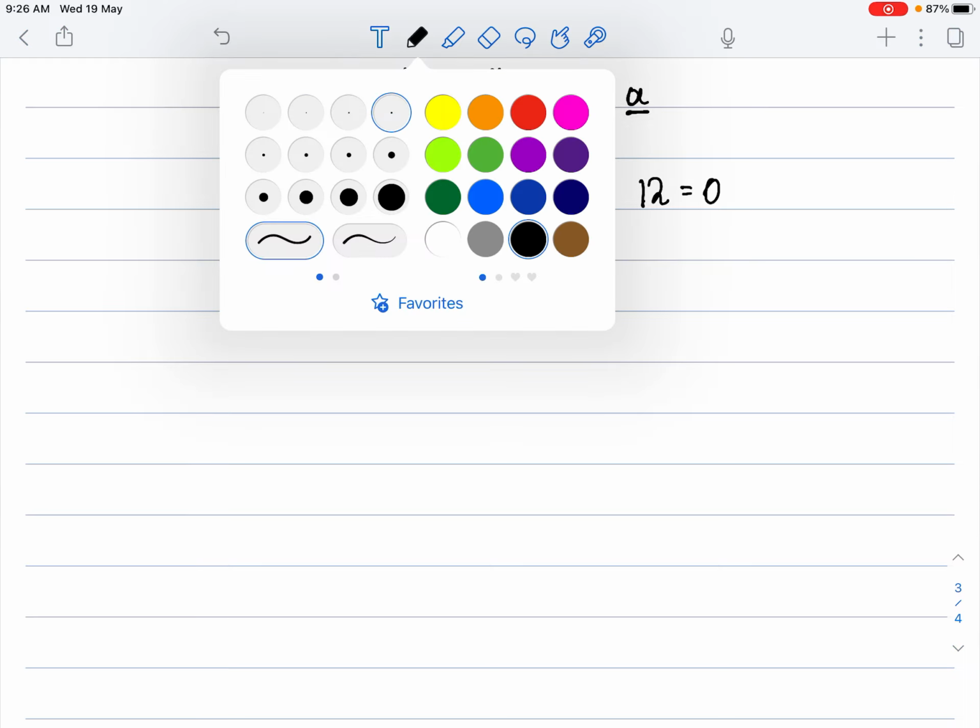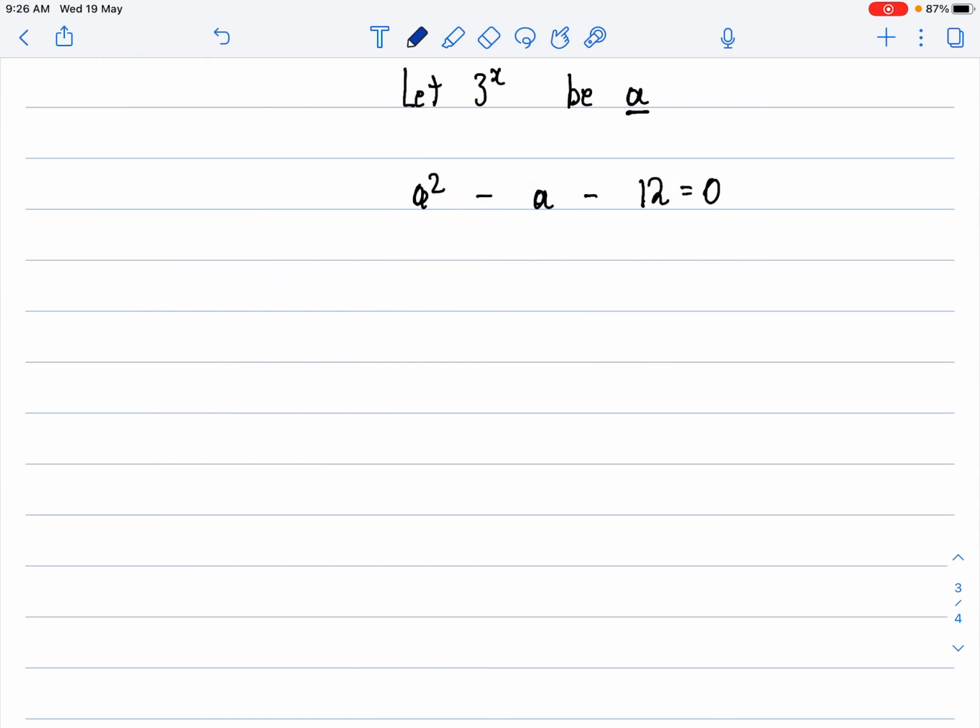So now how do we solve this quadratic? So on the calculator, go on mode. When you go on mode, click on 5 where equation is written. Then click on 3. Just do this much first.